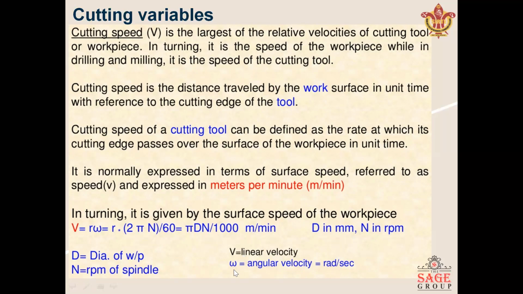And v is the linear velocity and omega is the angular velocity in radians per second. So this is the first variable. While we are having a machining operation, we have to keep in mind what the cutting speed of the machine is, and this can vary things for the machining process.